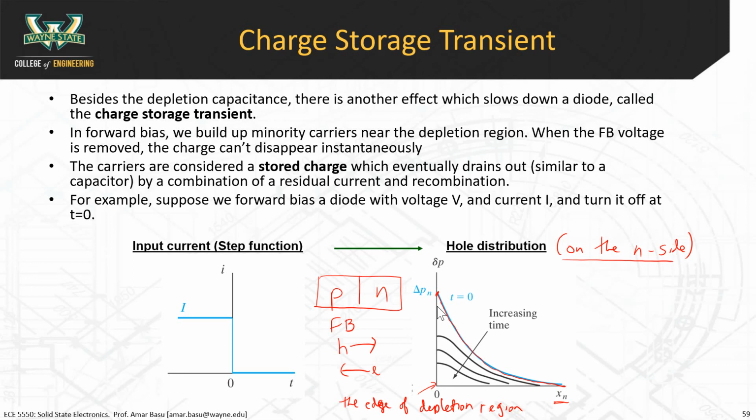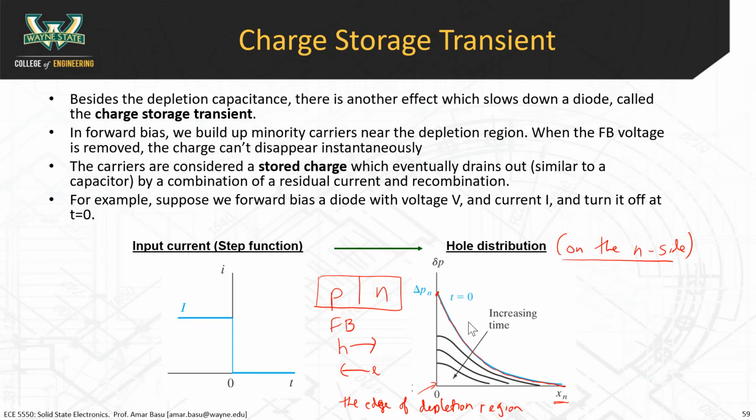Similarly, the same thing happens with injection. We're not shining light on the material right now, but we forward biased the diode, and we created these excess carriers at the edge of the depletion region. When we shut off the forward bias, those excess carriers don't go away instantaneously.